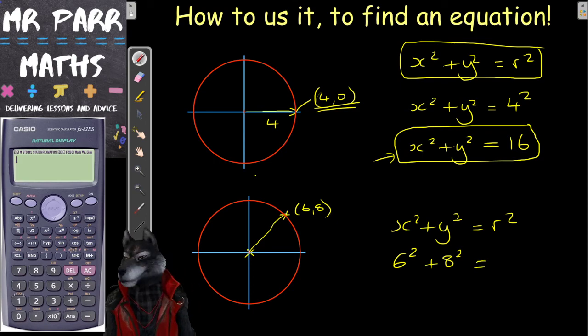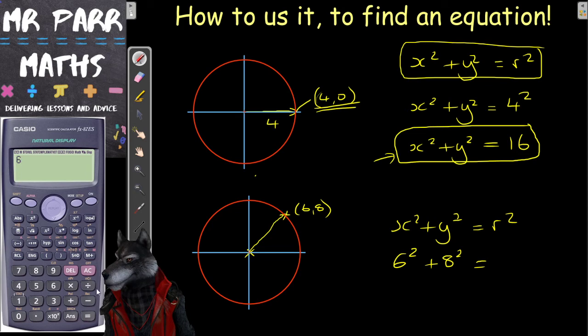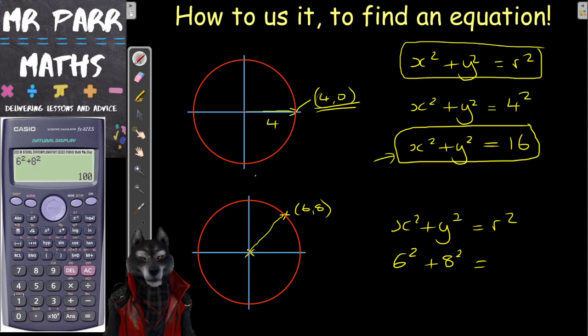So I'm just going to quickly go to my calculator here and do 6 squared plus 8 squared equals, and we get 100. There we are. And I've got my r squared.